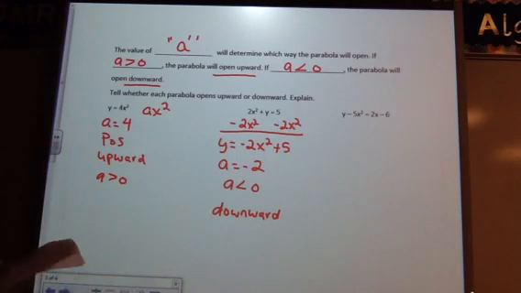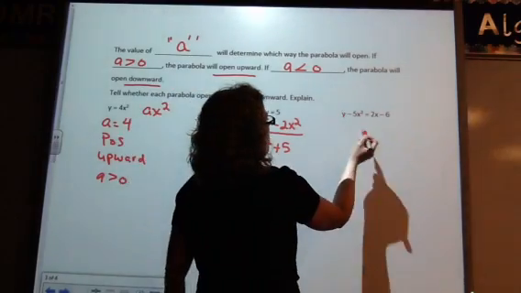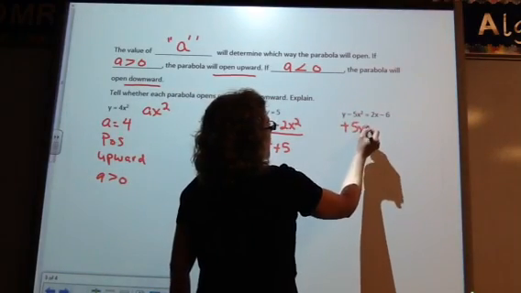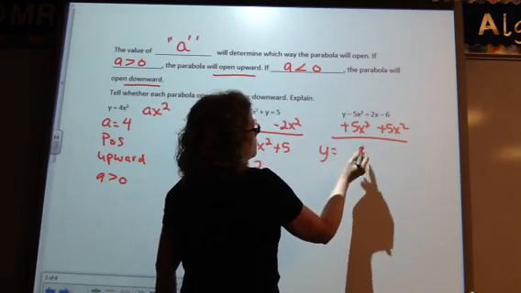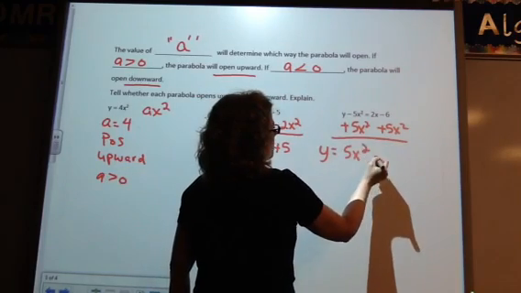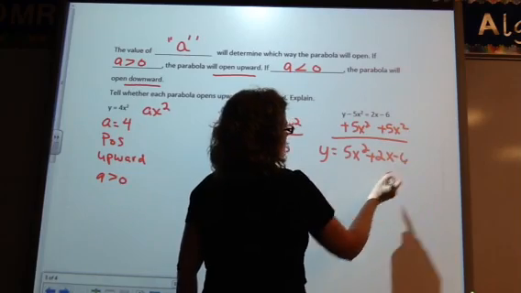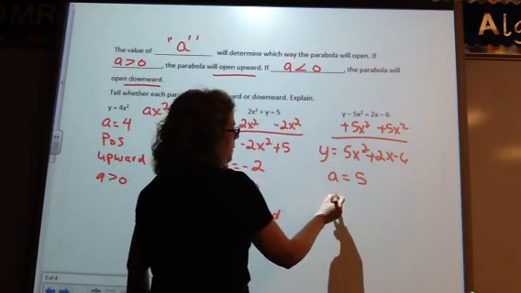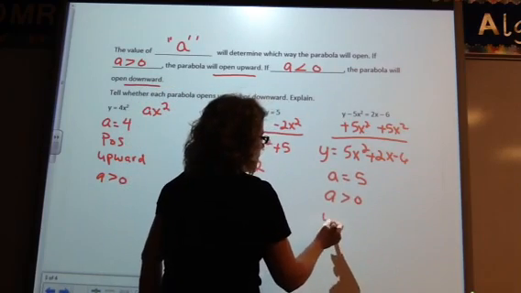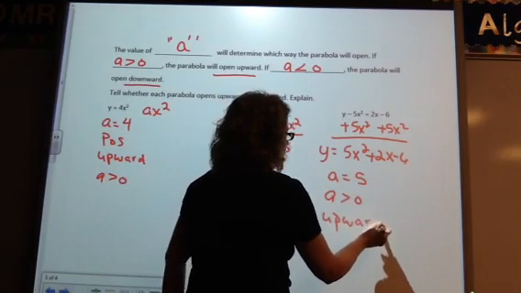Okay? All right, let's look at this last one. We need to isolate our variable y by adding 5x squared to both sides. So a equals 5. a is positive. a is greater than 0, therefore it is upward.